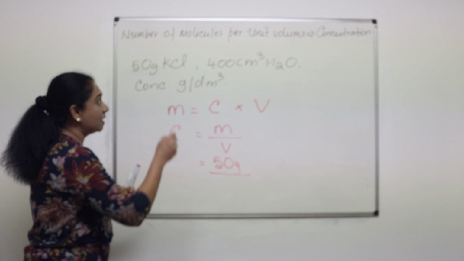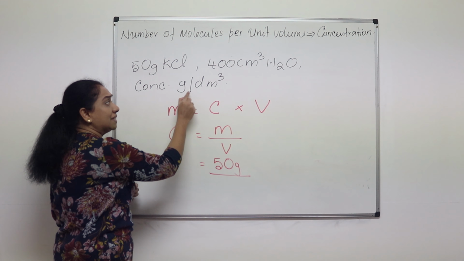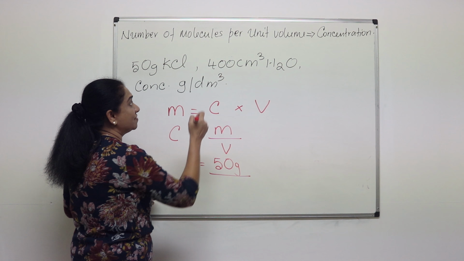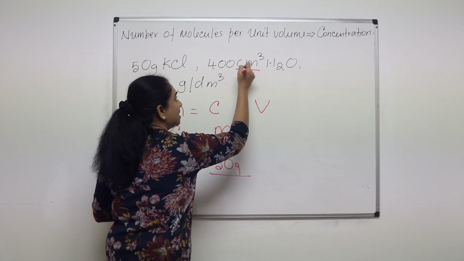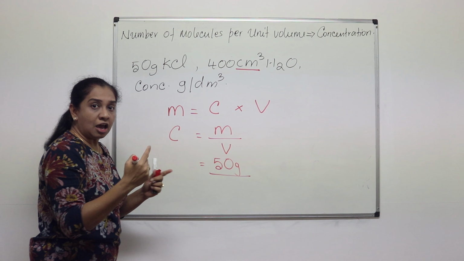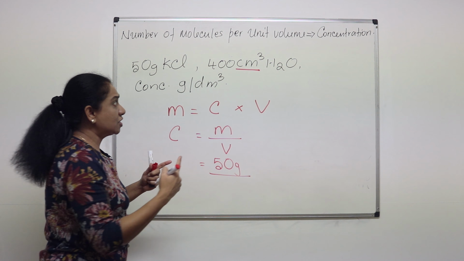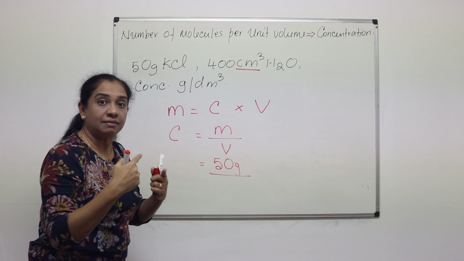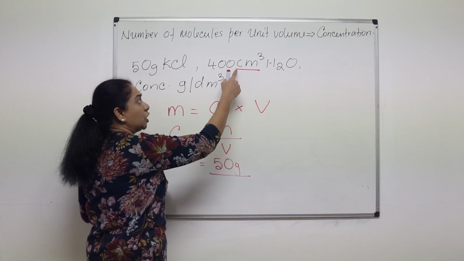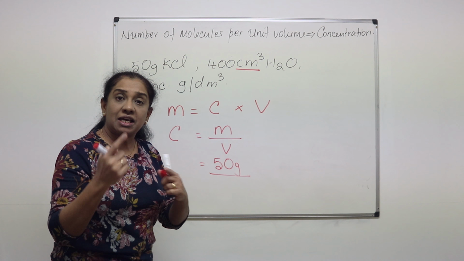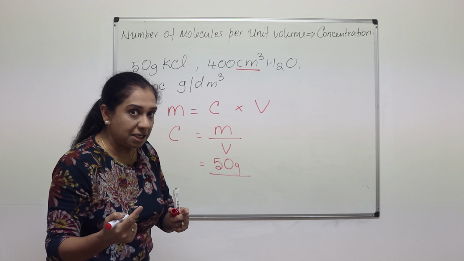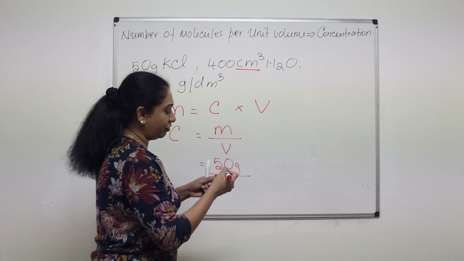In this case, look at the unit that they have asked. It is in grams per dm cube, whereas our question gives 400 cubic centimeter of water. Therefore, the two units are different. First of all, we need to convert the cubic centimeter into cubic decimeter. So first I'm going to do that for you.